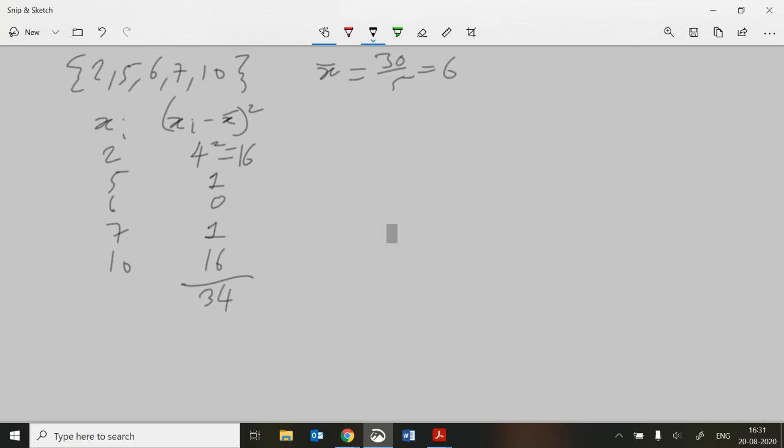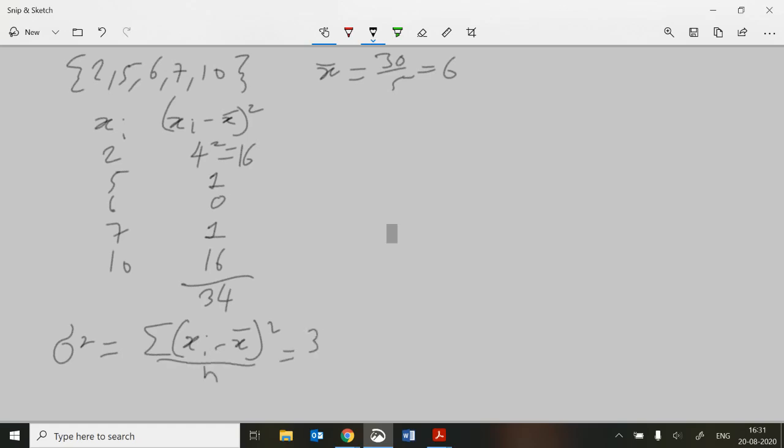So what's the variance? Well, the variance, which is a measure of spread, as is the standard deviation. So the variance here is going to be equal to 34. So it's the sum of your xi's take away x bar, squared, divided by n.